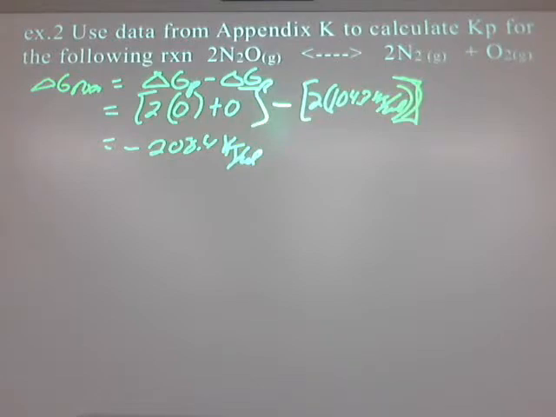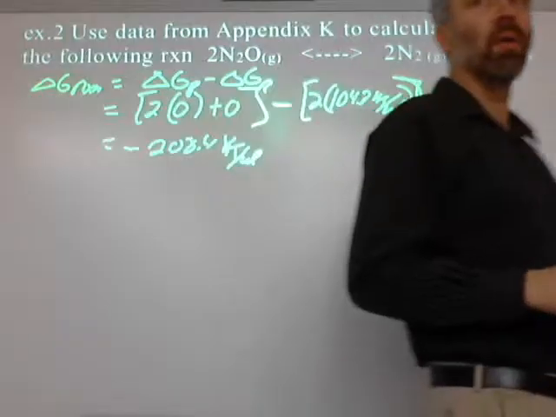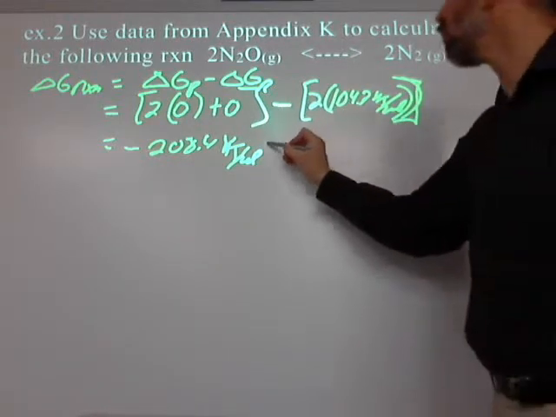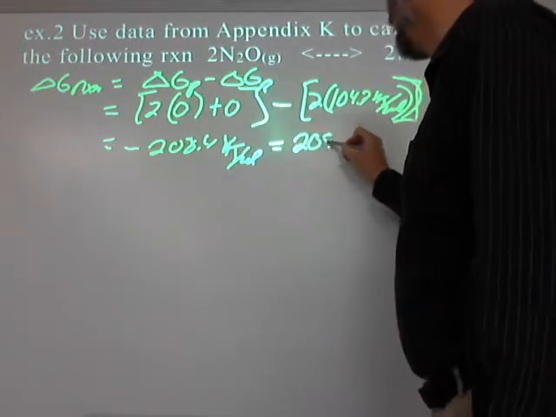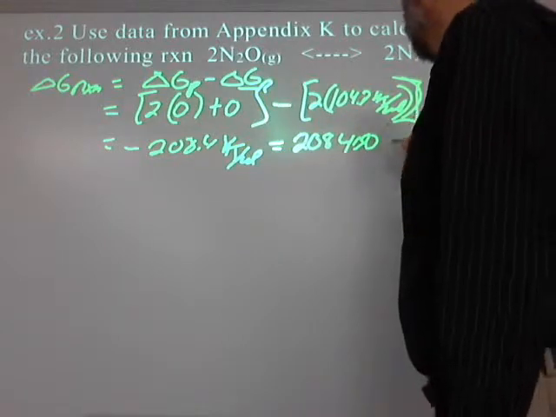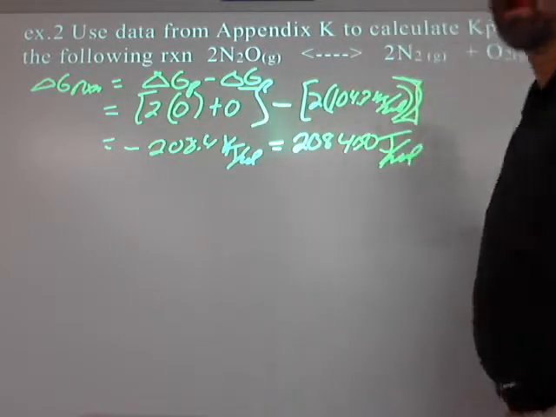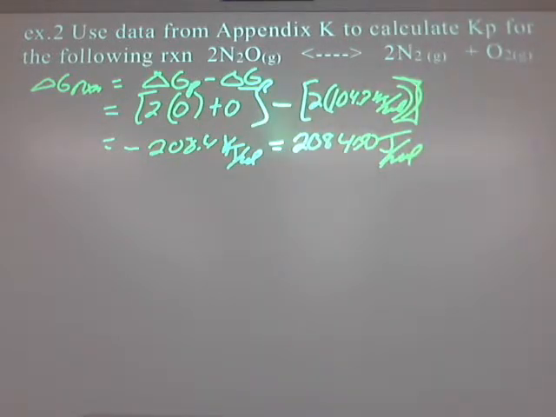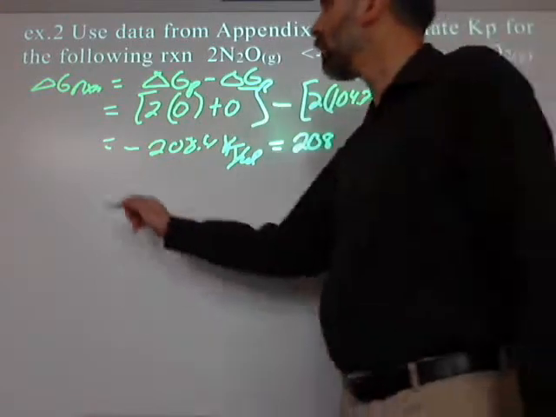Now, I'm going to use that other equation. Remember, my R is in joules, correct? So I have to convert it to joules. That will be 208,400 joules per mole. I know it's a big number, but you could use scientific notation if you want to: 2.084 times 10 to the 5th. Either way, that's what delta G is.